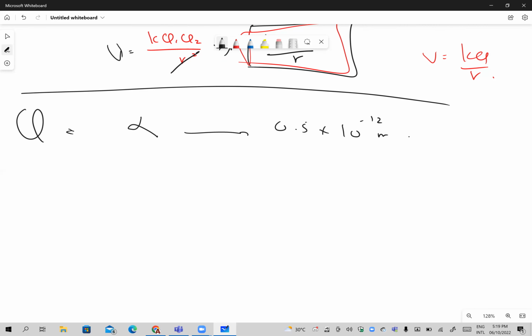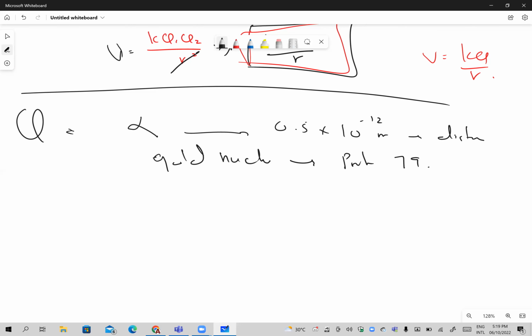This is the distance that the alpha particle covers. And from a gold nucleus, we're talking about an alpha scattering experiment where there's a gold nucleus. A gold nucleus has a proton number of 79.